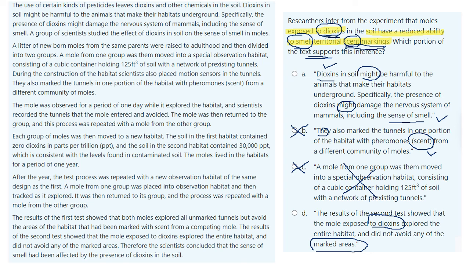So we do have both the idea of smell and dioxin in answer D. And this would support the inference. This is a conclusion. This is based on an experiment. When you base something on the experiment, then you are offering evidence. You are offering support. So that is why D is the best answer.